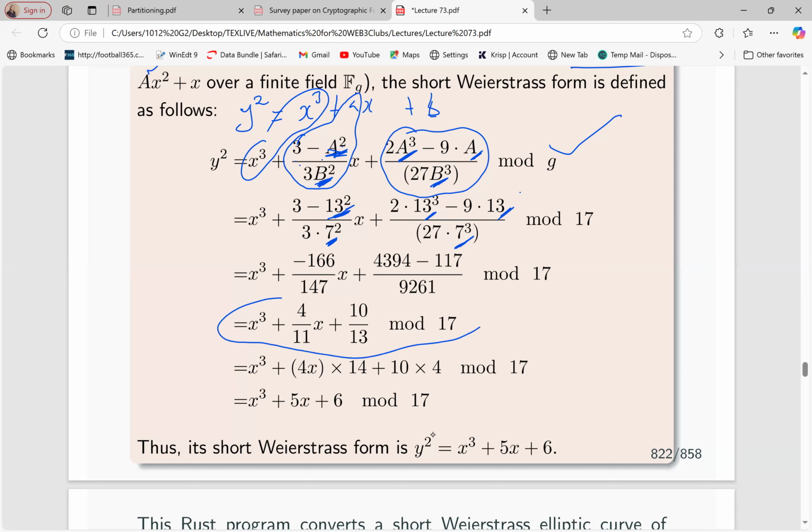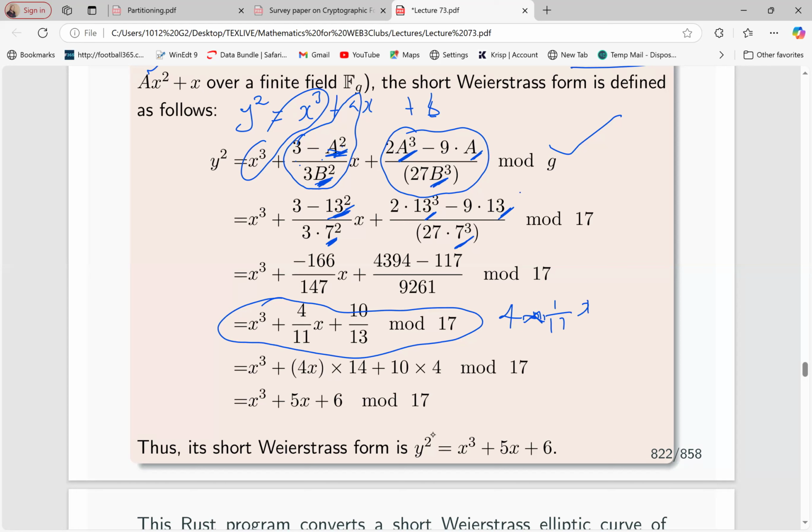This is the only place where we can now work, because I want to do away with the fraction. How do I do away with the fraction? What I have is 4 times the inverse of 11, x.